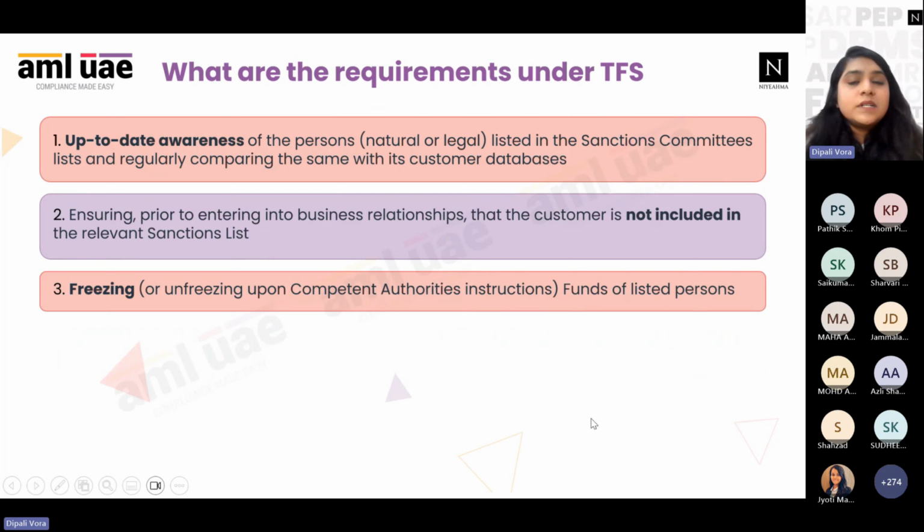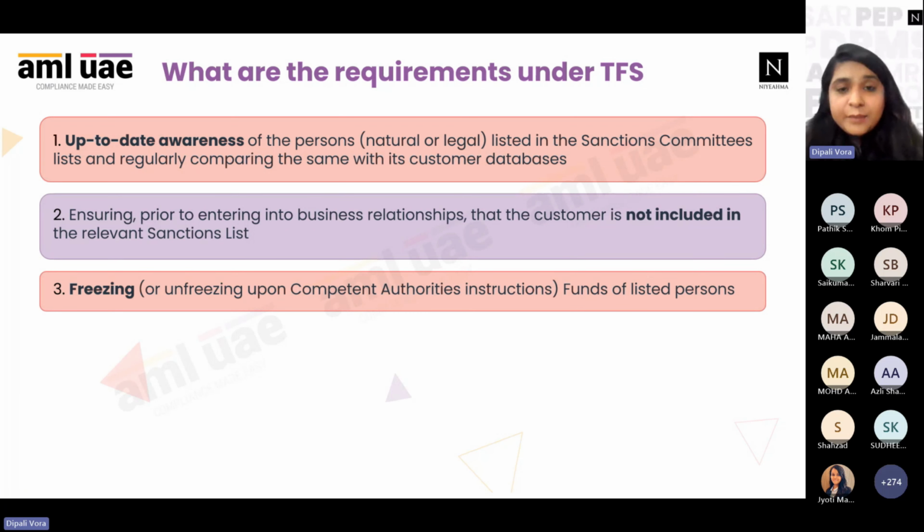What are the requirements under TFS? As I discussed earlier, we have an obligation to screen the customers before we onboard. So the requirement is that we screen the customers before they are onboarded against the mandatory sanction list. Once the screening is done, we are required to monitor them regularly also.